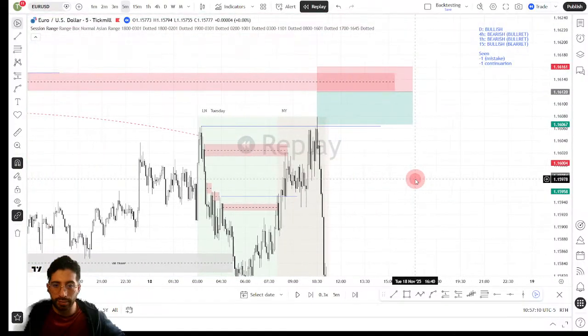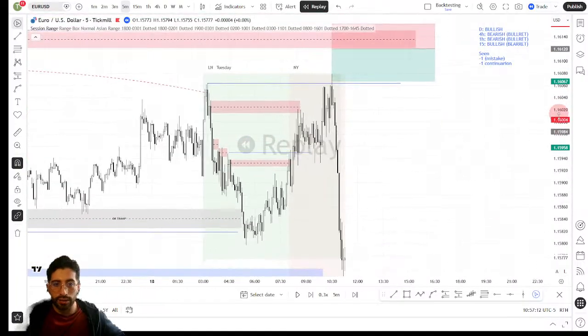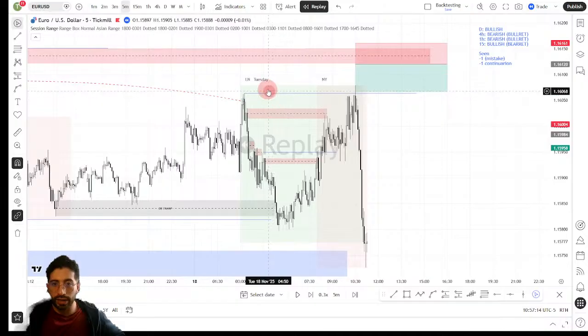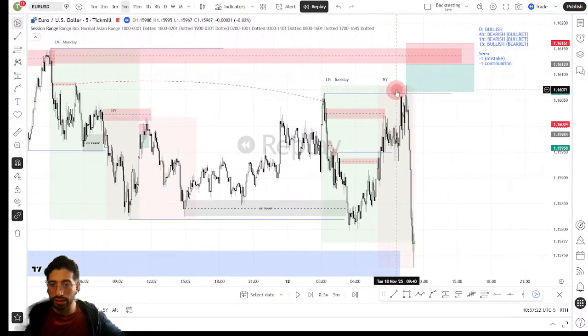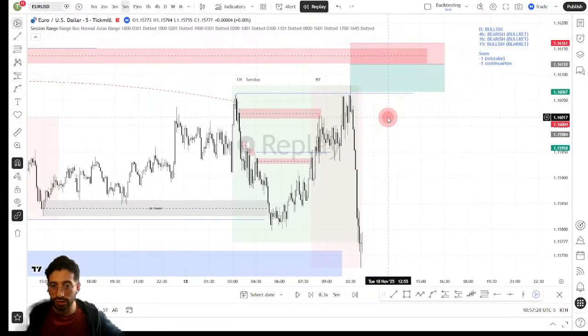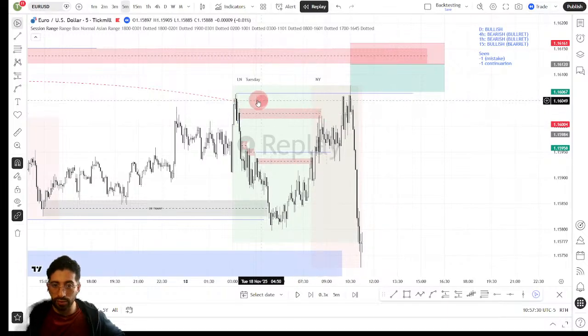This is what actually happened. So the price, if we had left the order there, we would be out. But the price didn't break this with a body break, which is good, right? But it took the liquidity, and it means that we would be out. So I'd rather prefer to be out of the order than in the order. And this is what actually happens because look, our entry point was here.